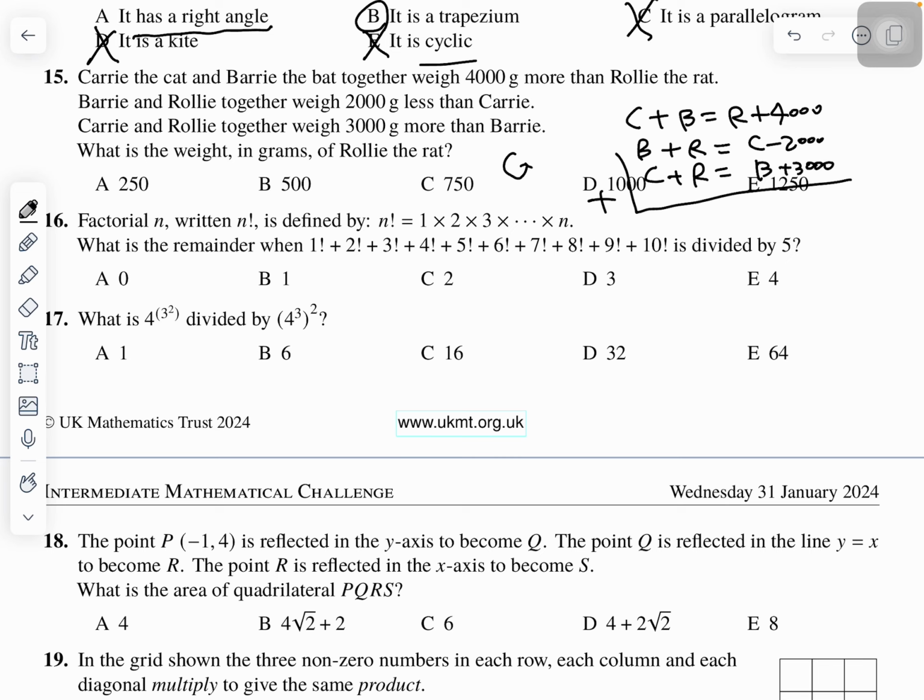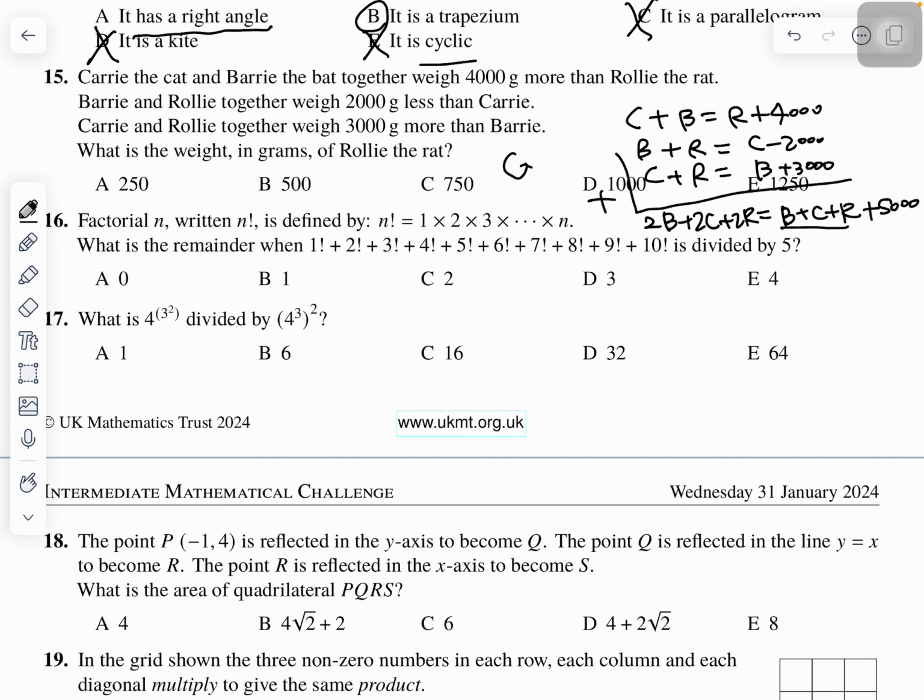In this case, we can find their relations easily when we add them together, or maybe multiply them together, something like that. But in this case, I think we can add them together. So here, 2B, 2C, 2R, B plus C plus R is 5,000.